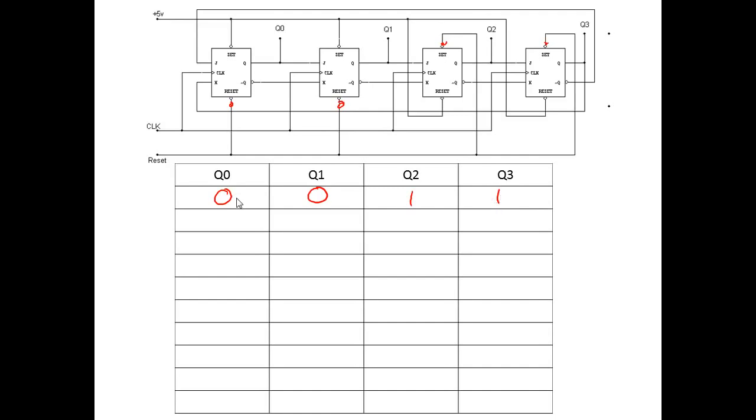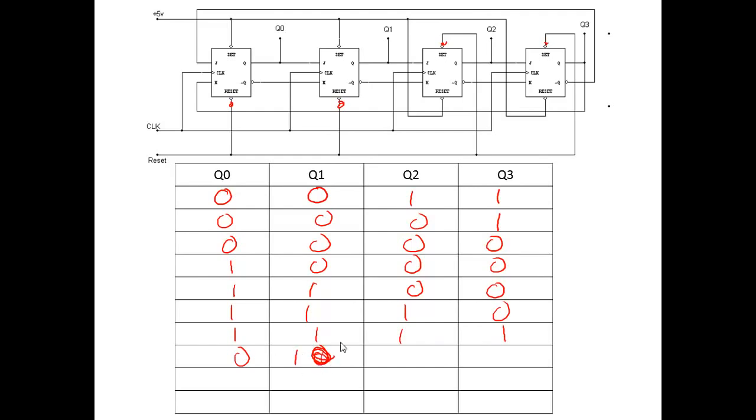So this 1 now becomes a 0, and these 0, 0, 1. 1 becomes a 0, goes 0, 0, 0. 0 becomes a 1, 0, 0, 0. 0 becomes a 1, 1, 0, 0. 0 becomes a 1, 1, 0. 0 becomes a 1. 1 becomes a 0.